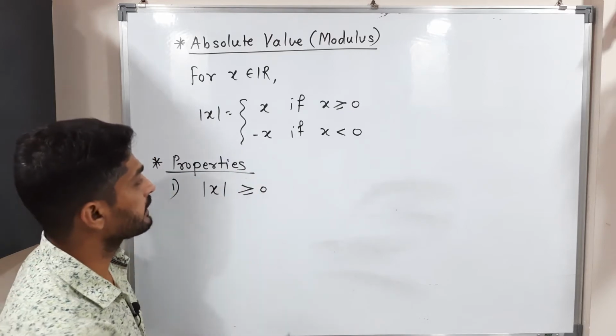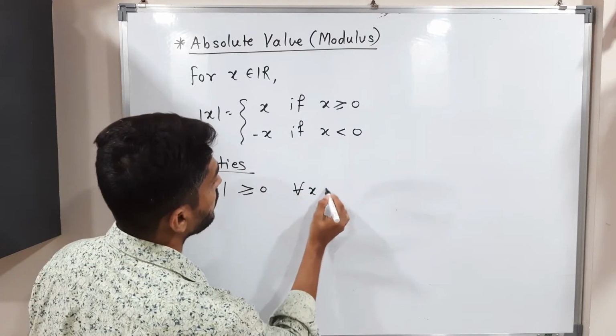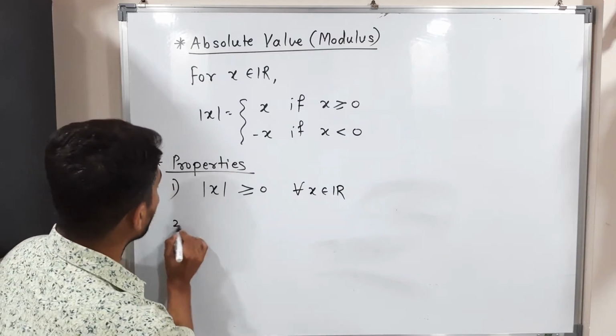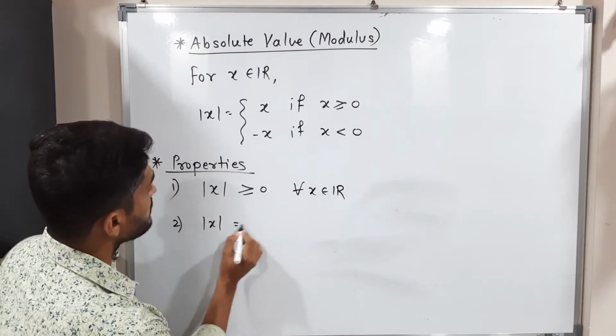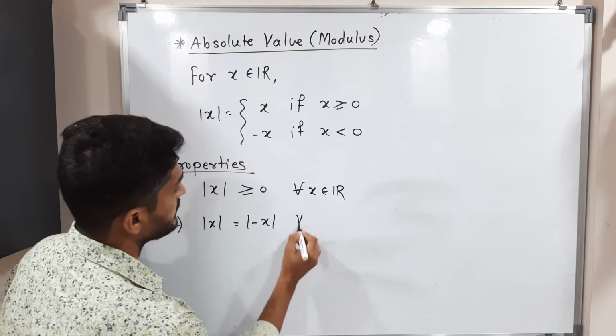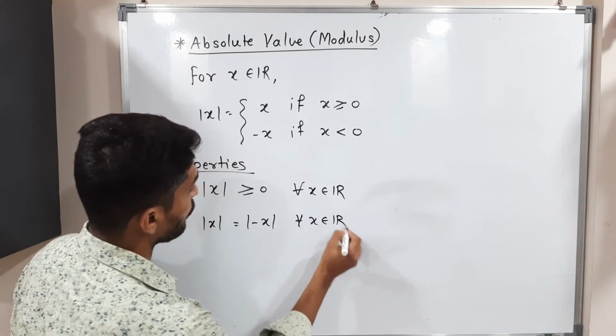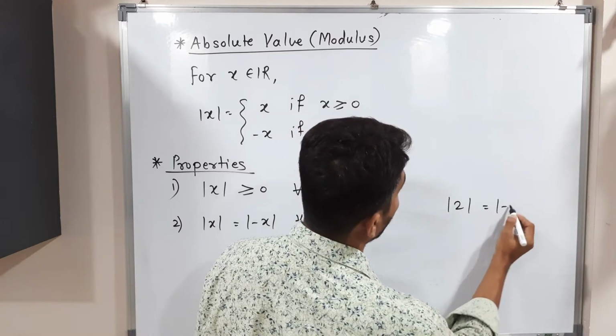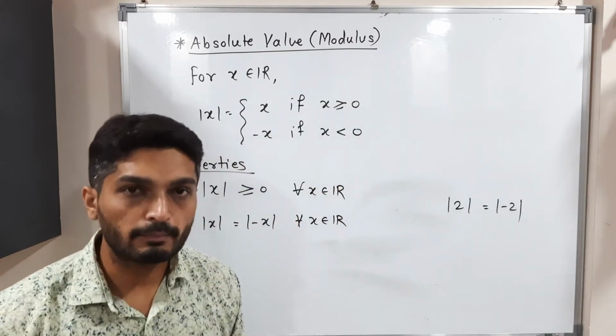By definition we can easily say this is true for all x belongs to R, the set of real numbers. Second property, mod x is the same as mod minus x for all x belongs to R. That means mod 2 and mod minus 2, both of them are the same, which is 2.